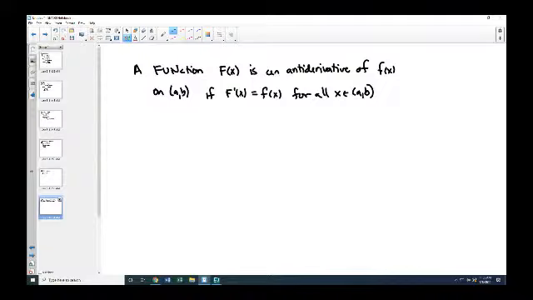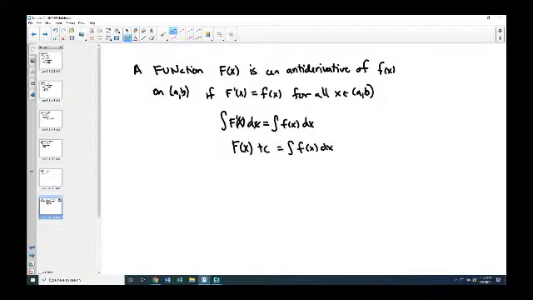Another way to write this would be to integrate F prime of x. So what do the integral and the derivative do? They're inverses, so what you end up with is F of x plus c is the integral of little f of x. That's another way to think about it.